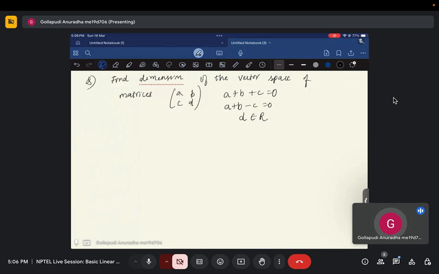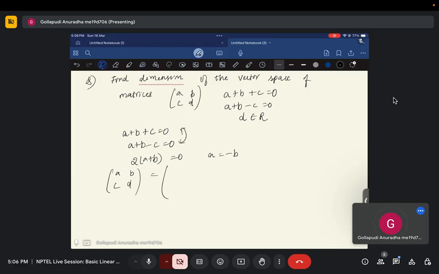So you have the conditions that A plus B plus C is equal to 0, and A plus B minus C is equal to 0, which means that if I add both, I get 2 times A plus B equal to 0, which means that A is equal to minus B. So A, B, C, D can be written as minus B, B, C, D. If A plus B is 0, then C also is 0.